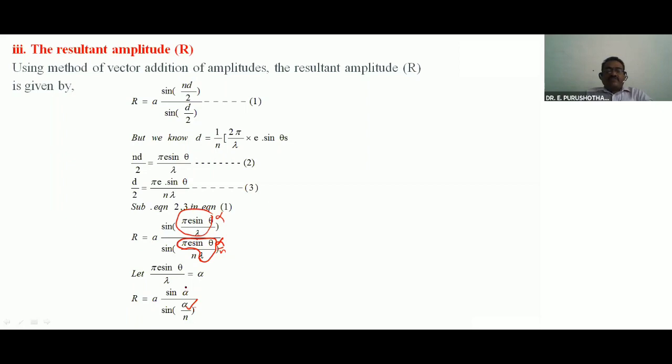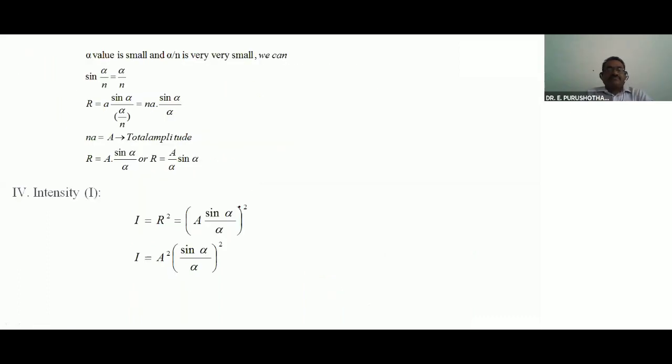So R is equal to A into sine alpha divided by sine of alpha by n. Alpha is a very small value, and alpha by n is very, very small. So we can write sine of alpha by n is approximately equal to alpha by n.